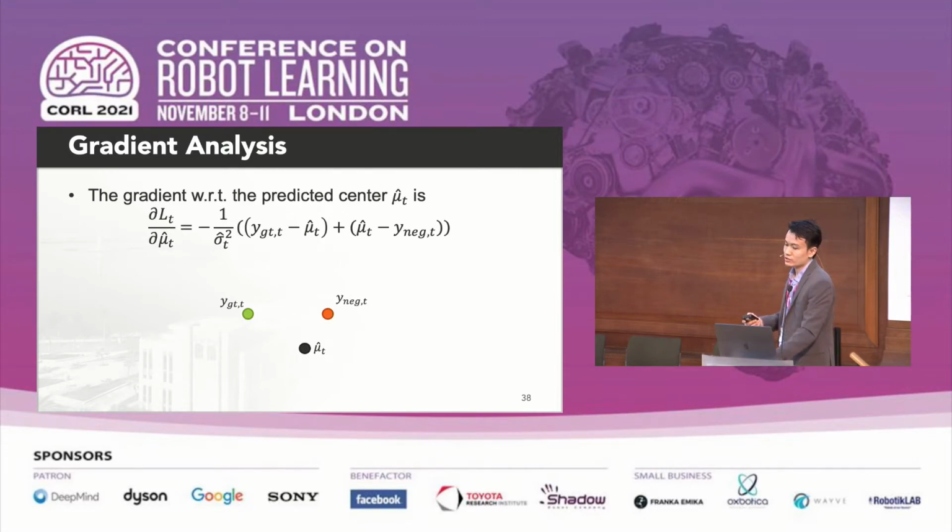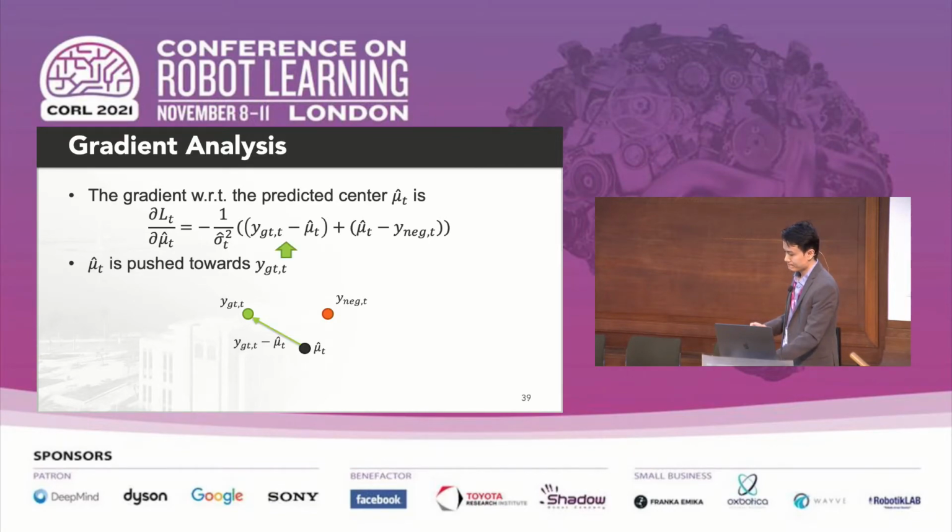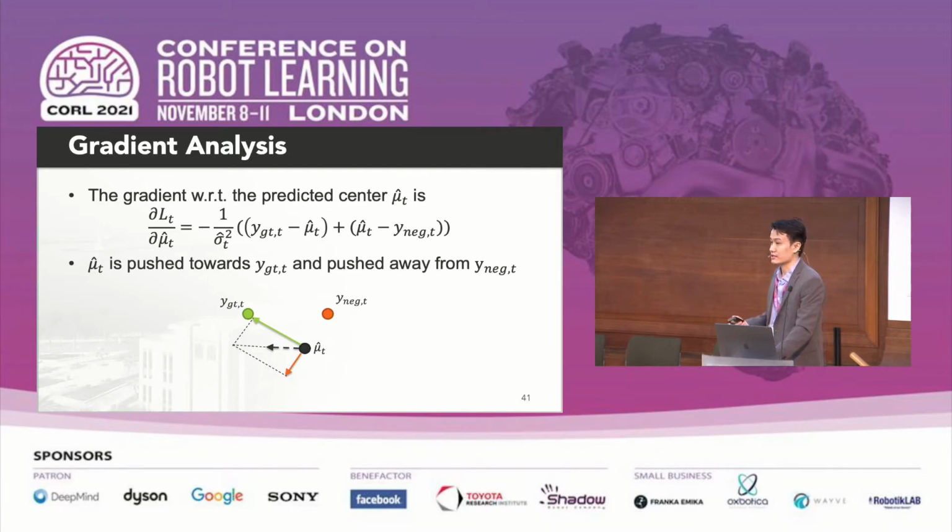In the figure below, we use the black dot to denote the location of the predicted center, the green dot to denote the ground truth, and the red dot to denote the negative. You can see that the first term of the gradient pushes the predicted center mu towards the ground truth. And the second term pushes away from negative locations. So the center update is affected by both the ground truth and negative.